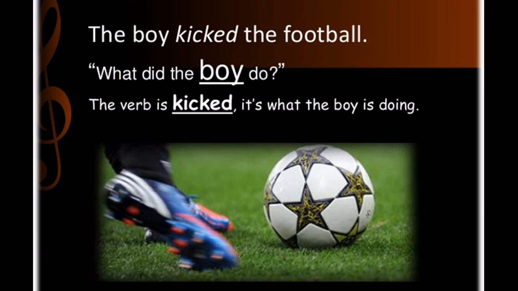What did the boy do? And the answer is the boy kicked the football. The verb is kicked. It's what the boy is doing. So verb is kicked. What kind of verb is it? It is an action verb because the boy is doing physical work.